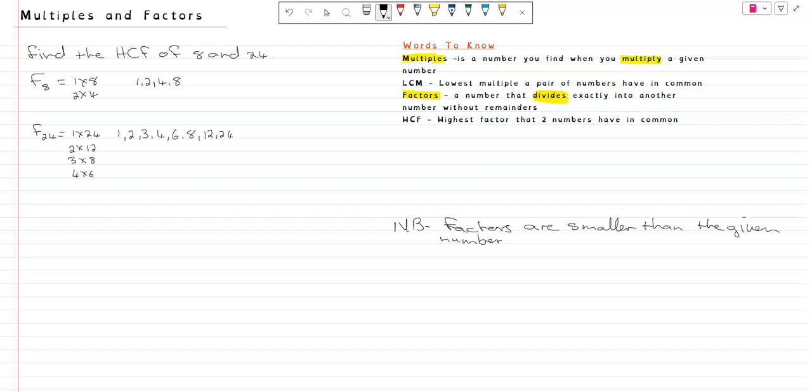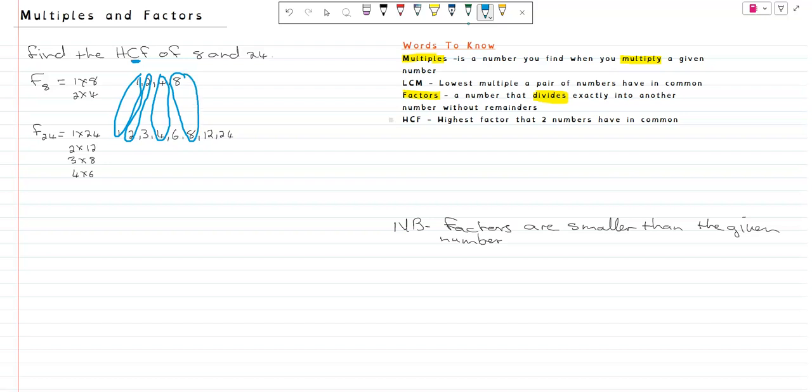But hold on, we're not done yet. We are supposed to look for the common one. So we need to look for the common factor. Let's see which ones they have in common. They have 1, 2, 4, and 8 in common.